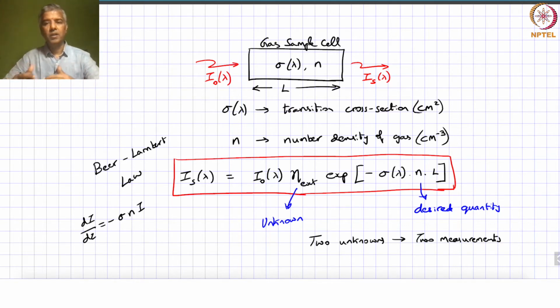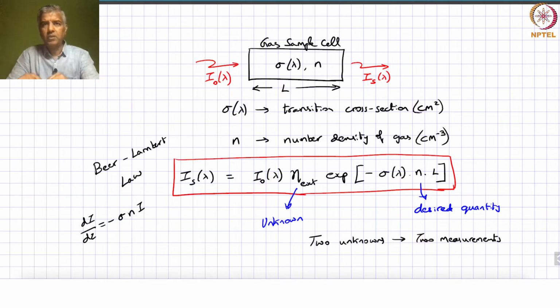But what we discussed previously was that if you could do lock-in detection, we could possibly get to a very, very low level of detection. So we can really bring down the detection limit as far as our measurement is concerned.